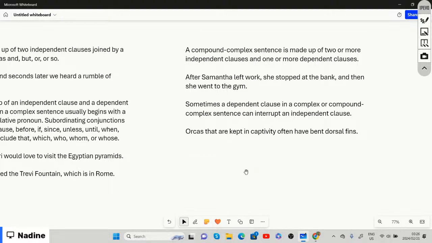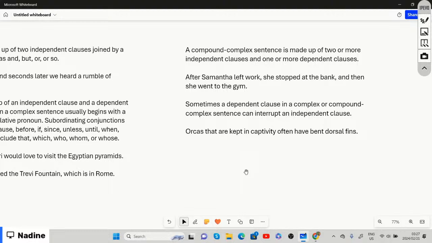All right, and if we look at an example, it says, after Samantha left work, she stopped at the bank and then went to the gym. So after Samantha left for work, that starts with a dependent clause. Then she stopped at the bank and then she went to the gym.